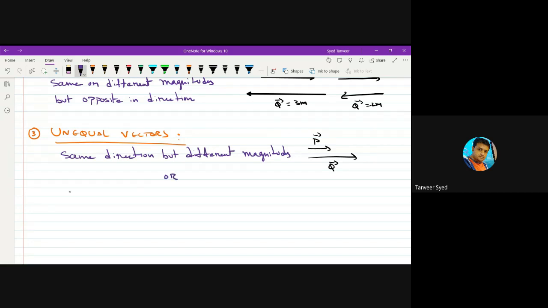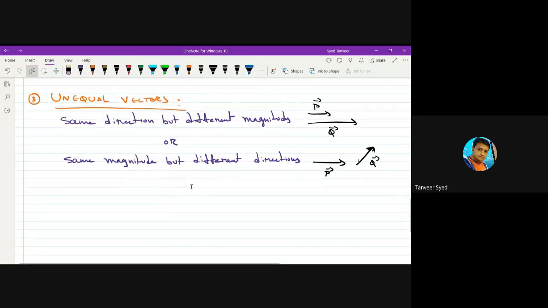Next, same magnitude but different directions. This is vector P. This is vector Q. Lengths are same, directions are different. They are unequal. Next.